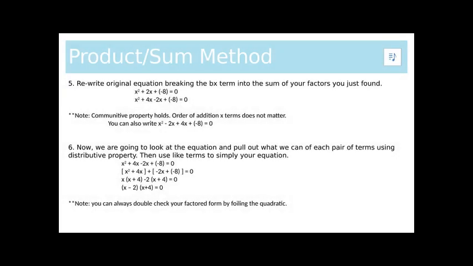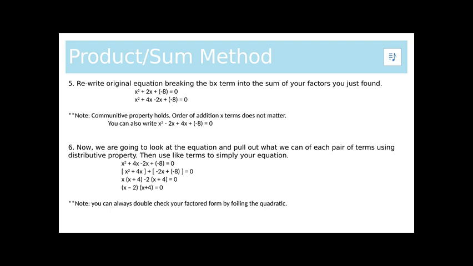Okay, so now we're going to take our factors that we just computed and use them to break down the bx term from the original equation. So originally we had x squared plus 2x plus negative 8 equals 0. So now we're going to keep everything the same, except we're going to rewrite the 2x into 4x minus 2x, or negative 2x plus 4x.